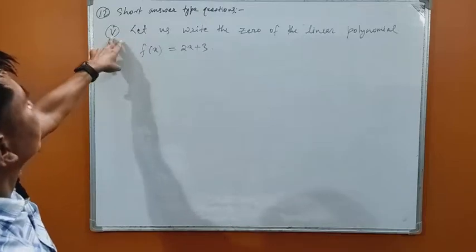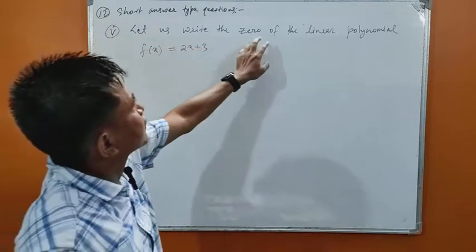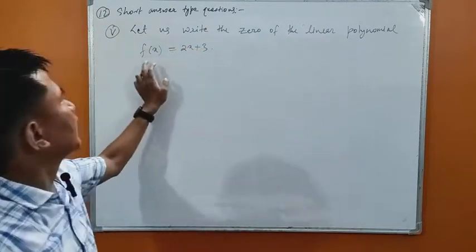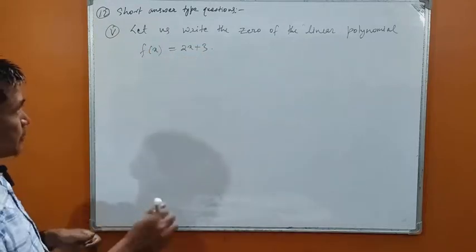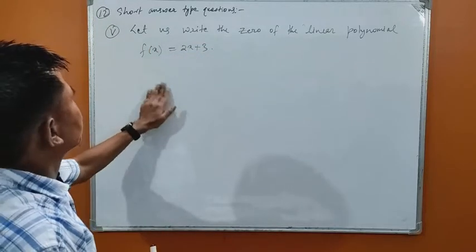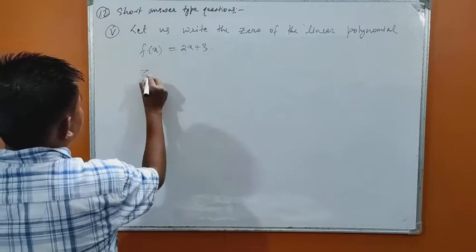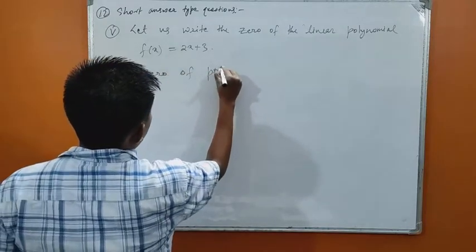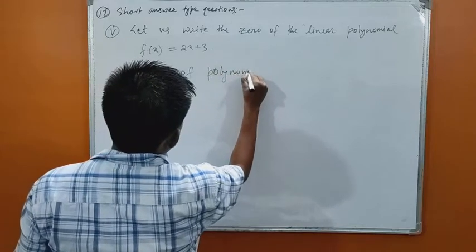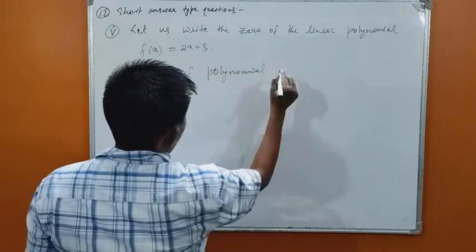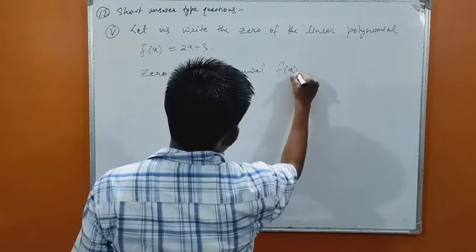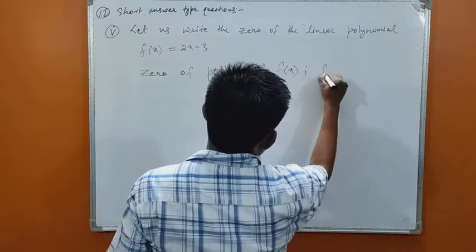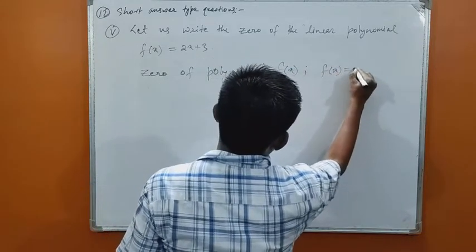Question number 5 of 12. Let us write the zero of the linear polynomial f(x) equals 2x plus 3. Okay, zero of polynomial f(x). f(x) should be equal to 0, isn't it?